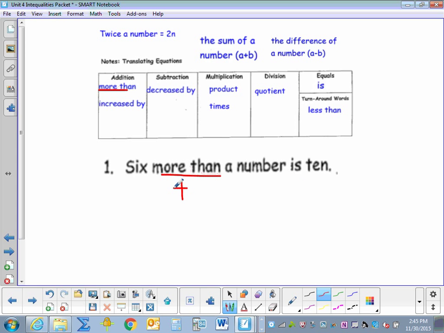I see the word is, that's equals. So let's see what else we have. 6, the numeral 6, so 6 more than a number, we'll call that n, is or equals 10. 6 more than a number is 10. 6 plus n equals 10.